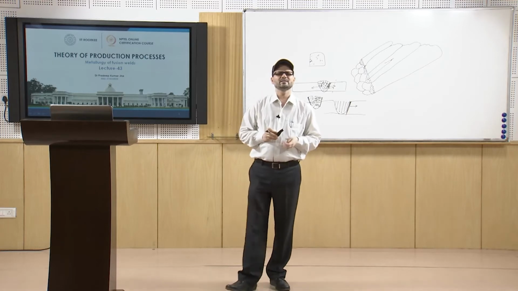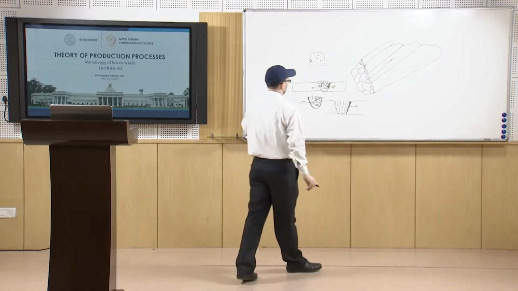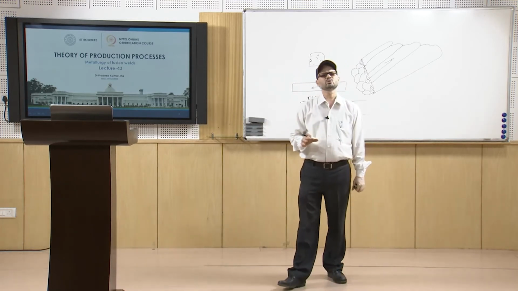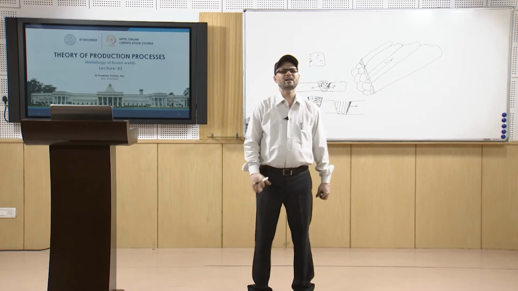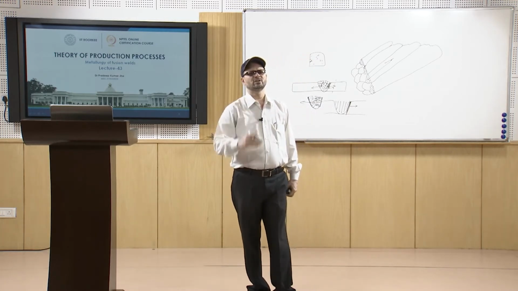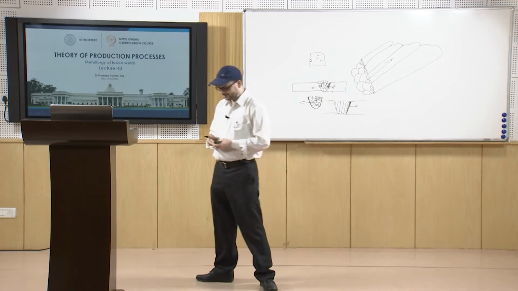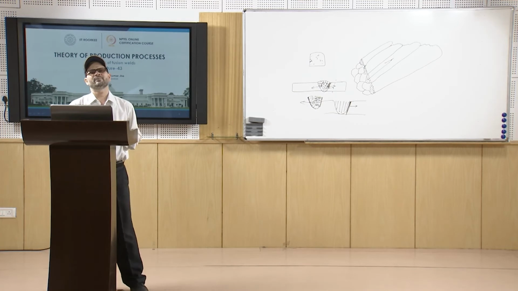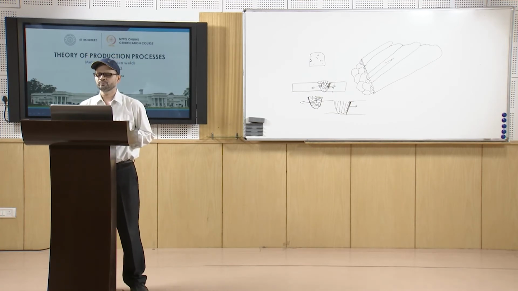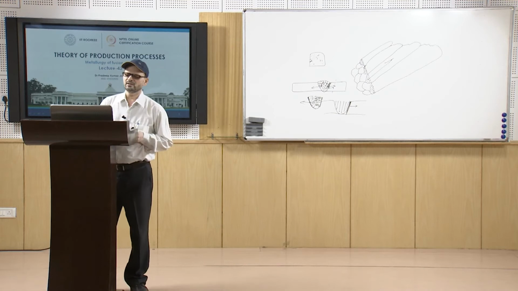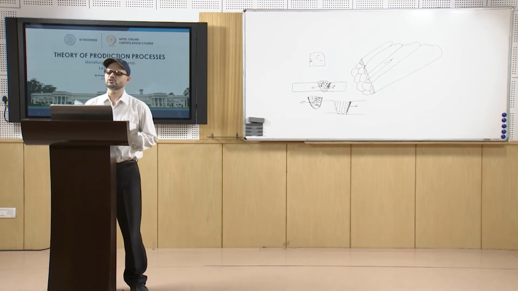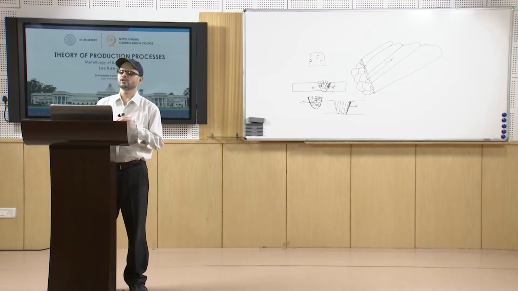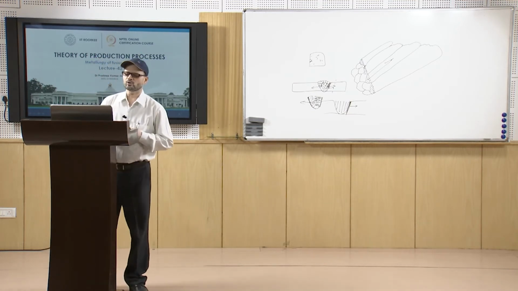Then the thickness of this zone will vary between about 50 to 100 microns for a manual weld with coated electrodes. It has been seen that if you use normal manual welding with a coated electrode, the width of this zone is around 50 to 100 microns.